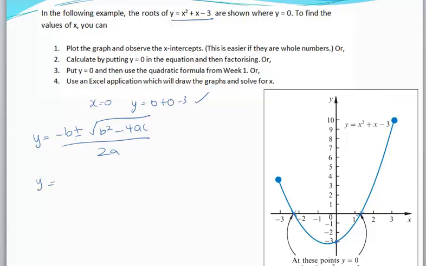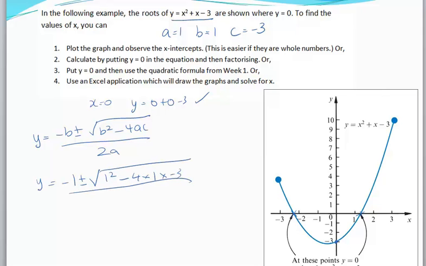And we just substitute from our equation here. So a is equal to 1, b is equal to 1, c is equal to minus 3. So minus b becomes minus 1, plus or minus the square root of 1 squared minus 4 times 1 times minus 3, all divided by 2 times 1.